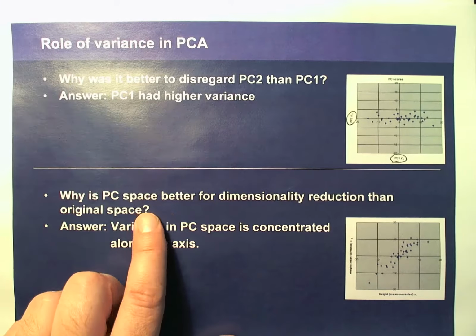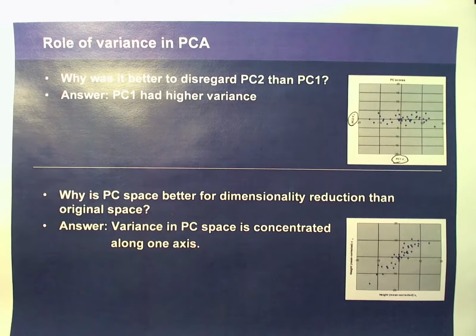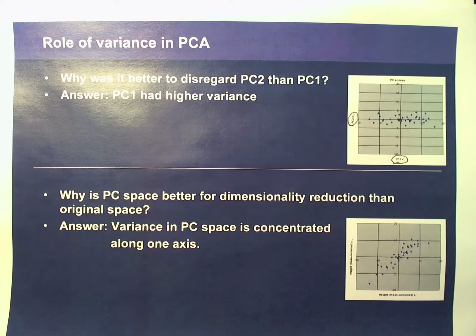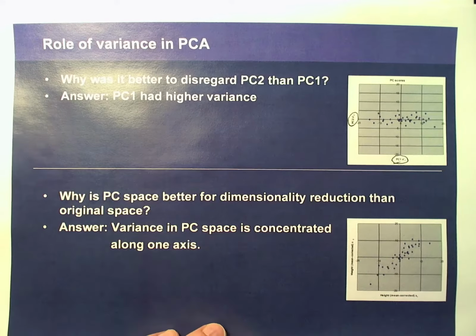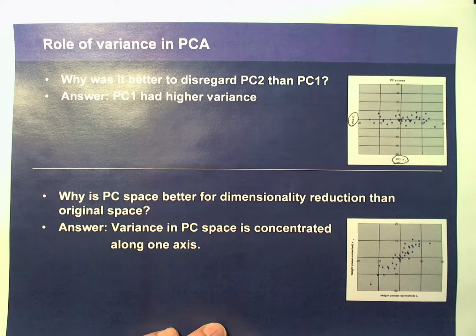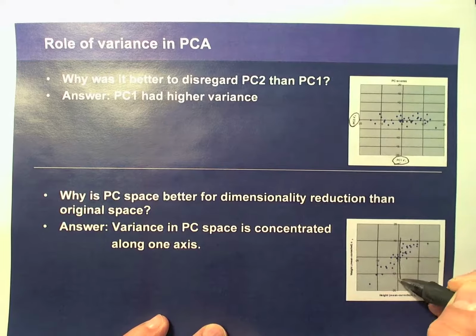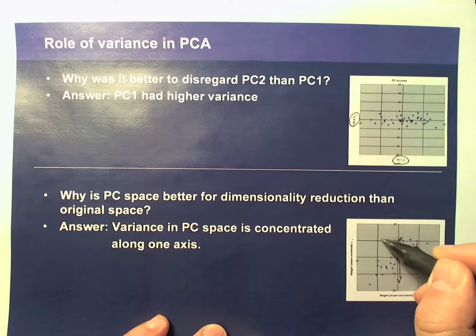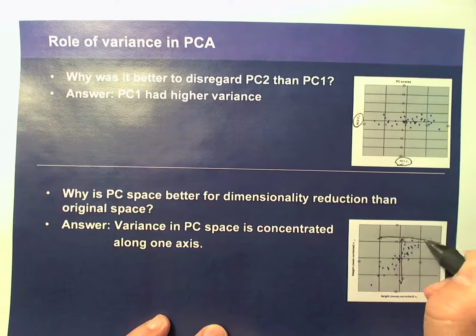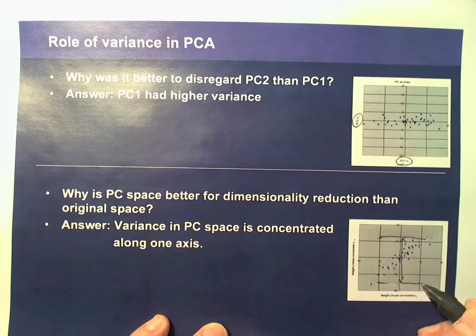And why is this rotated coordinate system, called the PC space, principal component space, better, more compact than the original space? It's because in the original diagram, there was a great deal of variability up and down. You see people are ranging a lot in their weights.